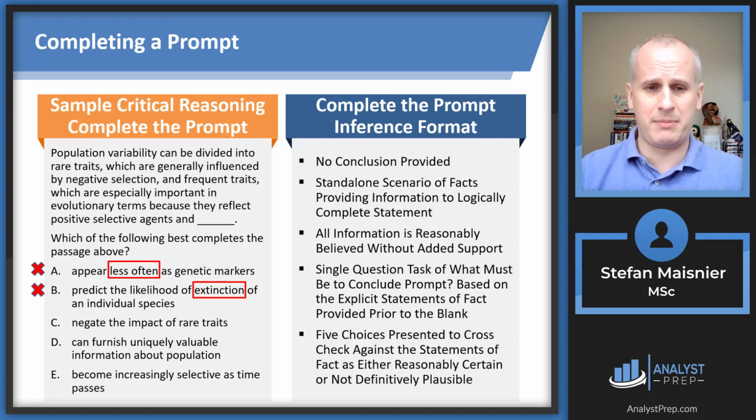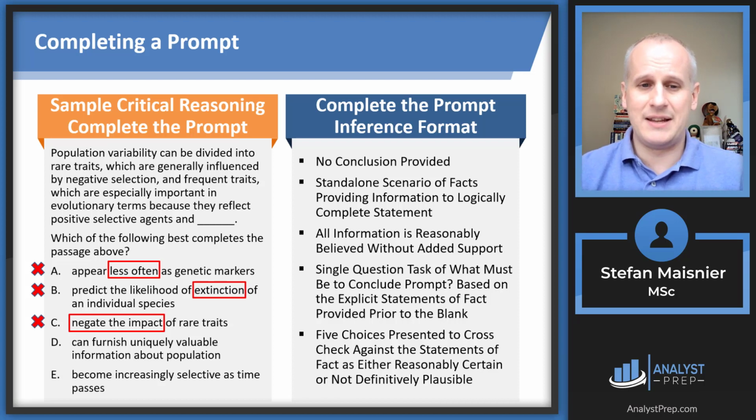We don't know anything about whether population variability does or does not influence extinction. Choice C, negate the impact of rare traits. Well, that again is extreme and not a statement that is supported solely by the information provided. We don't know that these frequent traits explicitly negate the impact of the rare traits. It's something that is not definitively certain.